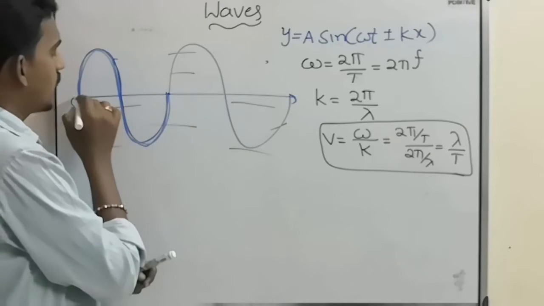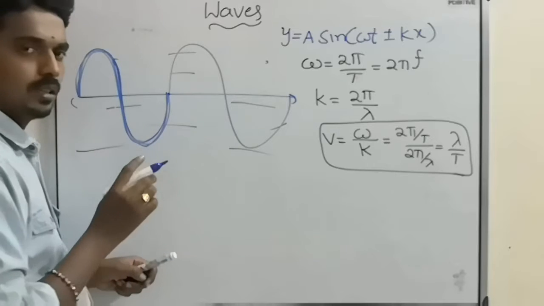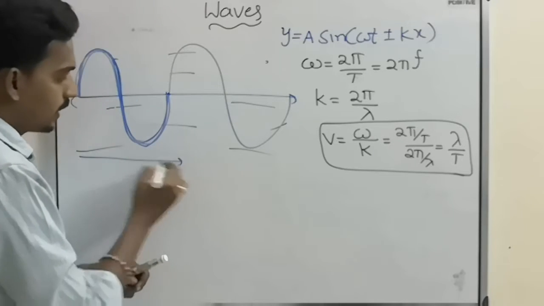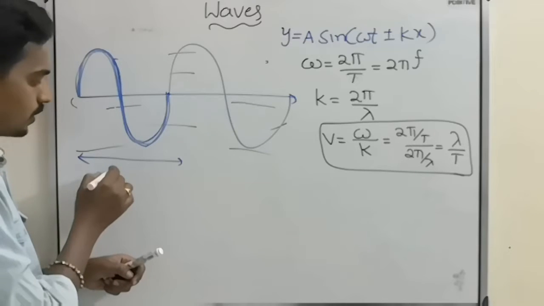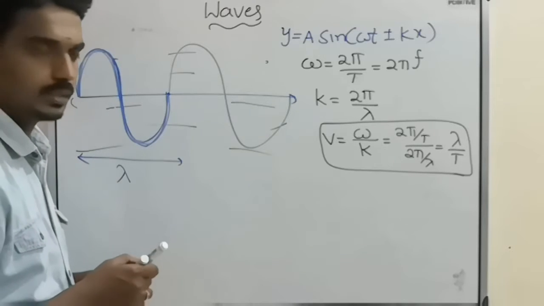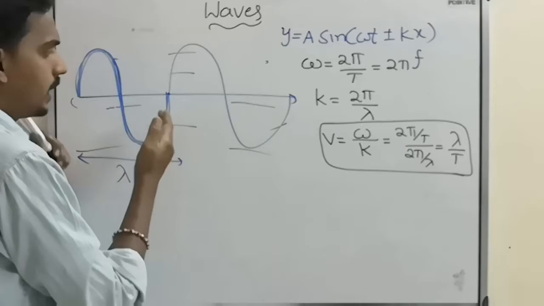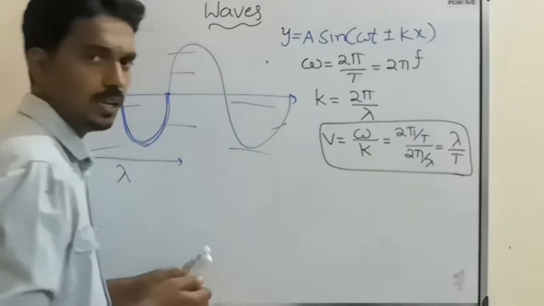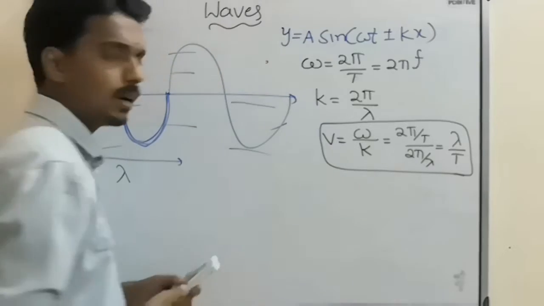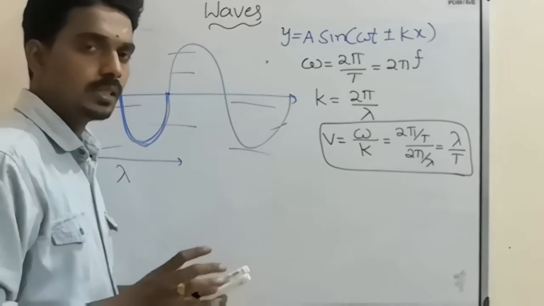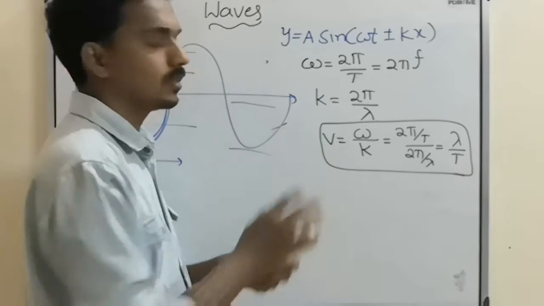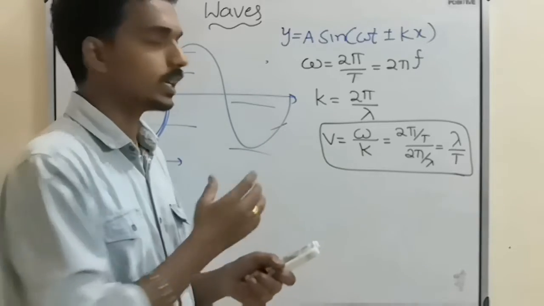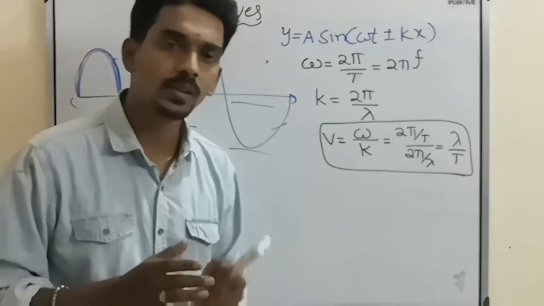This is the duration in which one particle completes one vibration, and this is the distance travelled by the wave, which we call the wavelength. The distance travelled divided by the time taken is the speed of the wave, which is lambda by T, and that is also equal to omega by k. That is the speed of any general wave. And we also said that this kind of wave is a progressive wave.